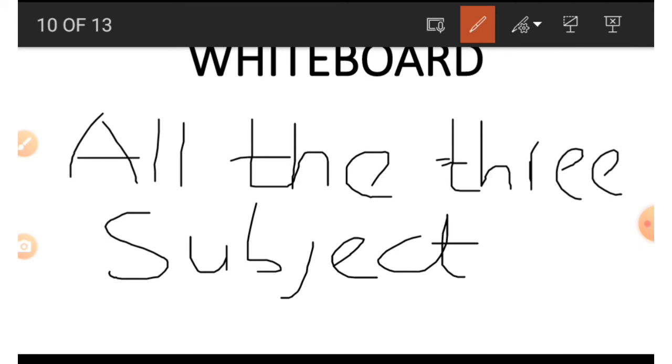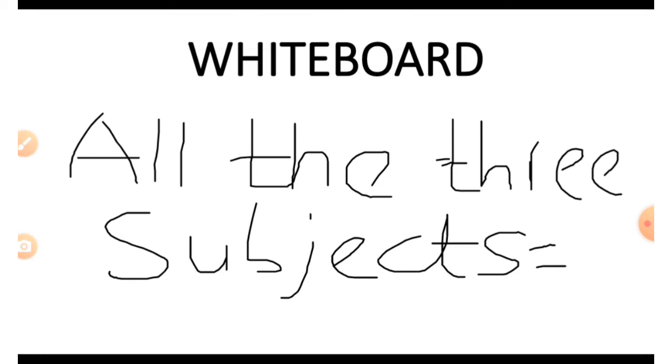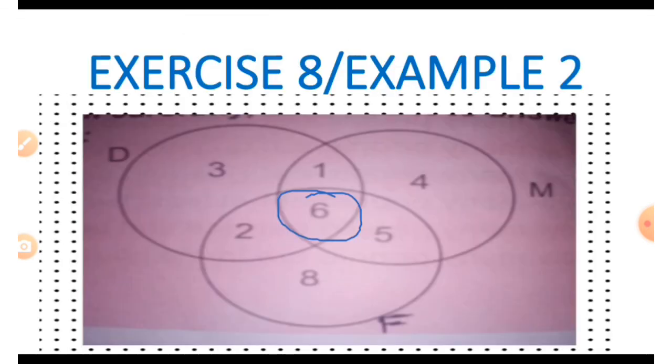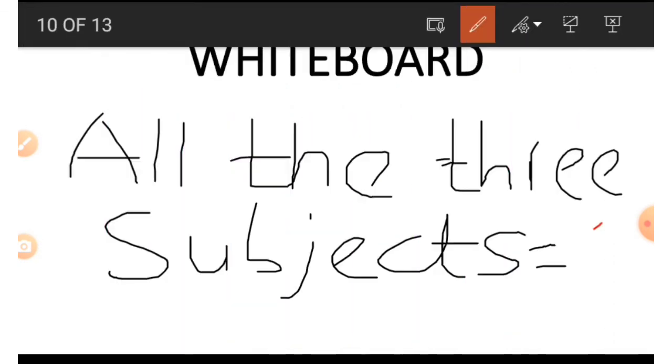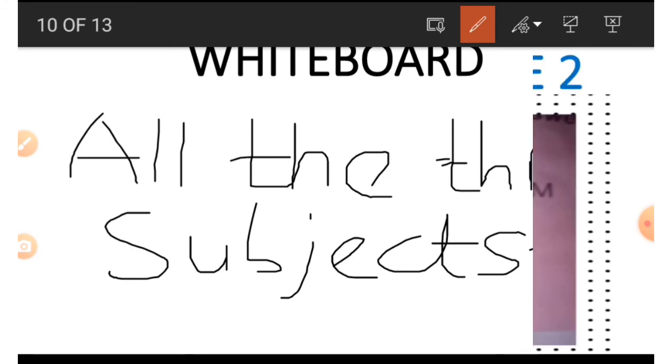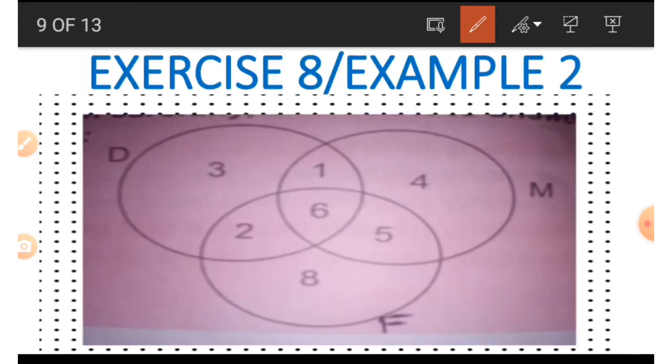Alright, and that is at the middle. So all the 3 subjects. Now let's find out from the diagram. Yes, 6 is the number. So we simply put down 6. Okay, so this is how we answer questions on Venn diagram.